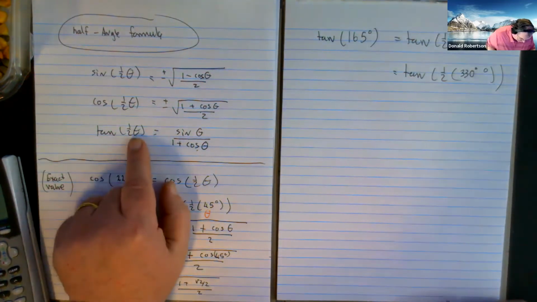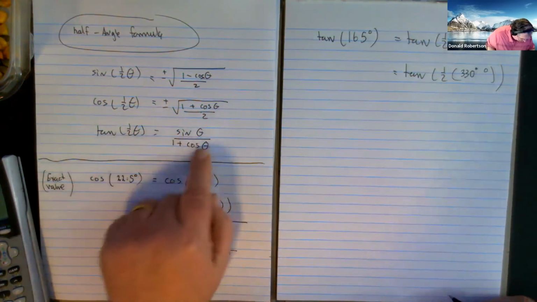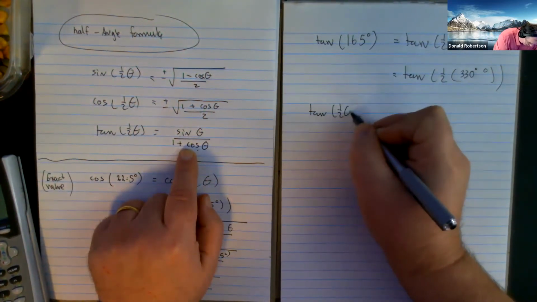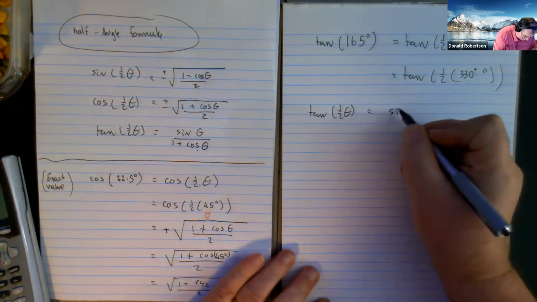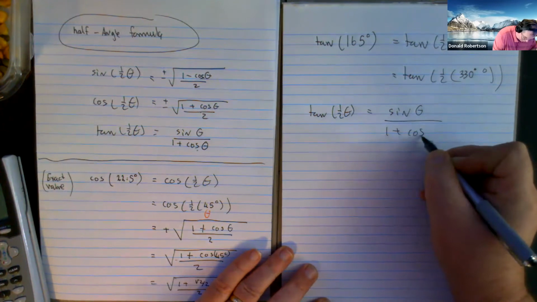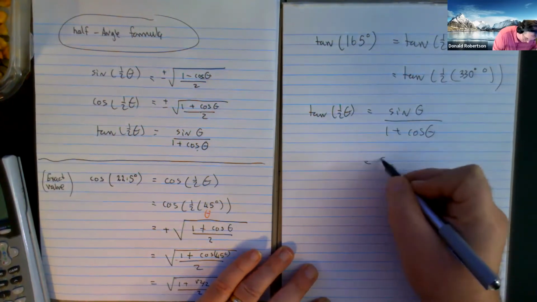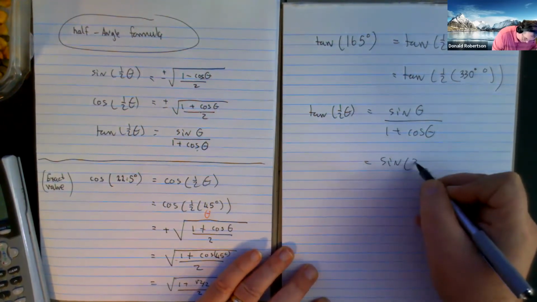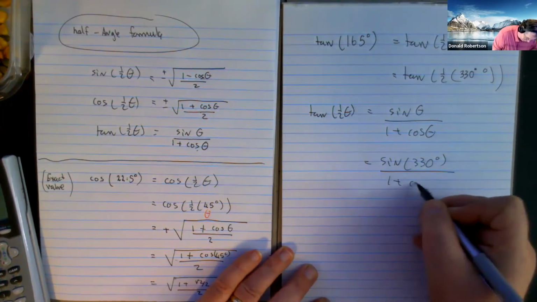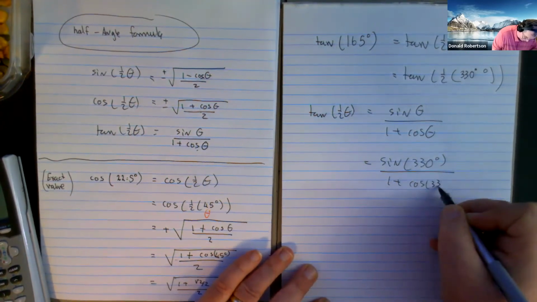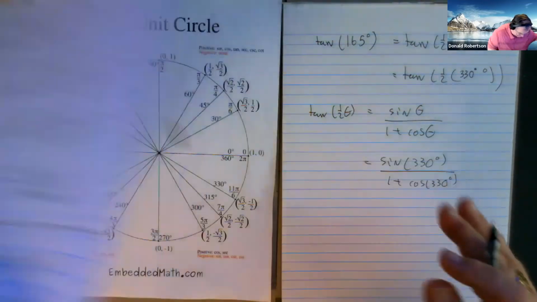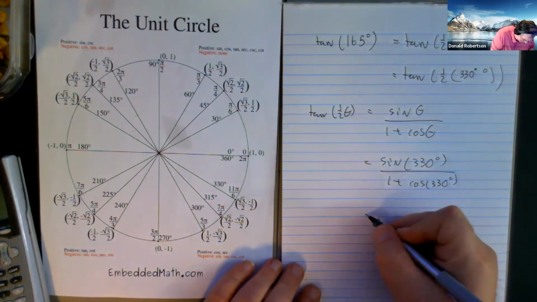Now, the tangent formula, which is this one here, says that the tangent of a half theta is the sine of theta over 1 plus the cosine of theta. In this case, it's going to be the sine of 330 degrees over 1 plus the cosine of 330 degrees. And unit circles take over.